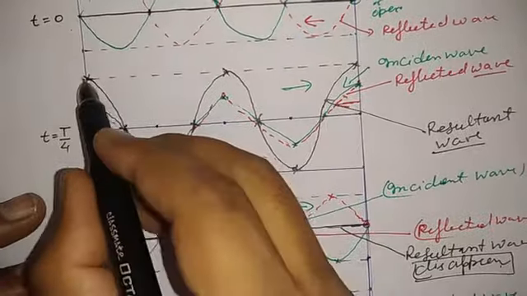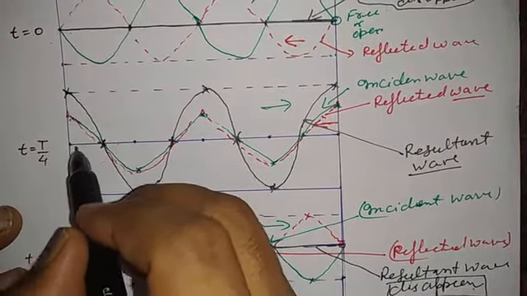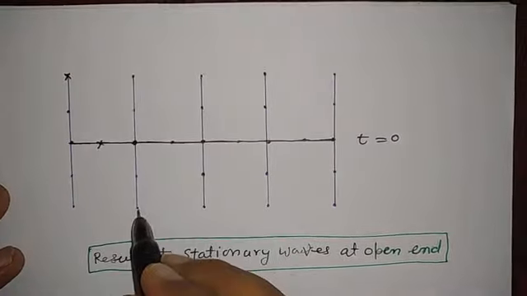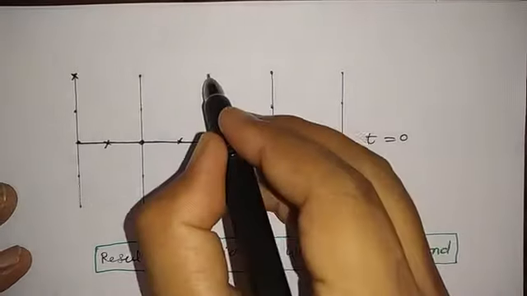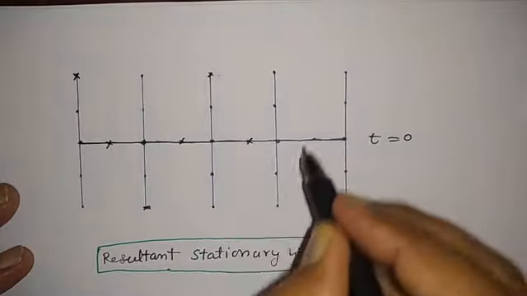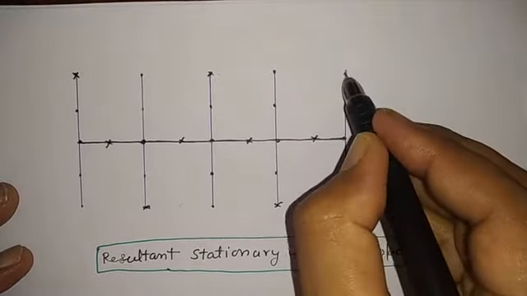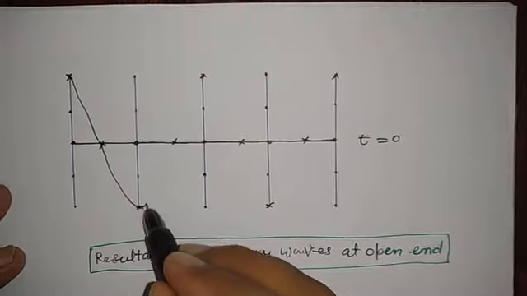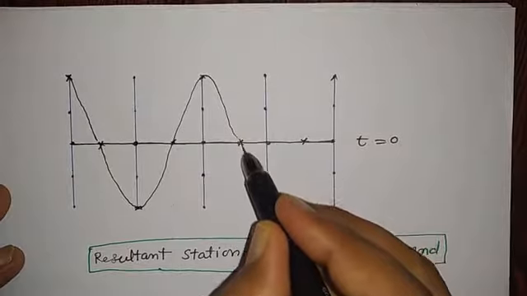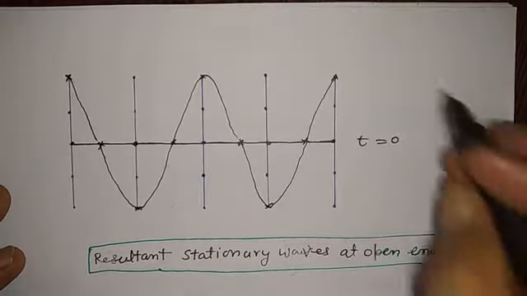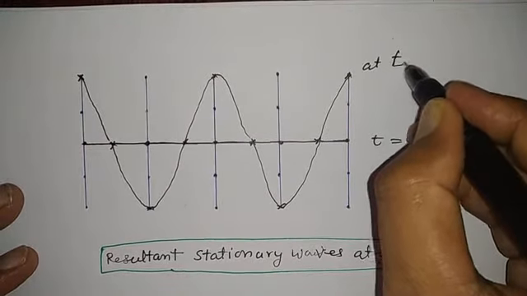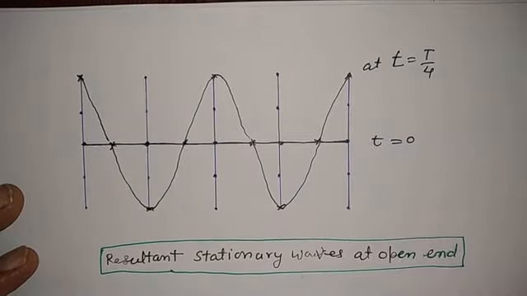See the resultant wave has maximum intensity in the upward direction at t by 4. So see the resultant wave here: maximum intensity, minimum, maximum intensity, minimum. This is the resultant wave at t is equal to t by 4. Right?